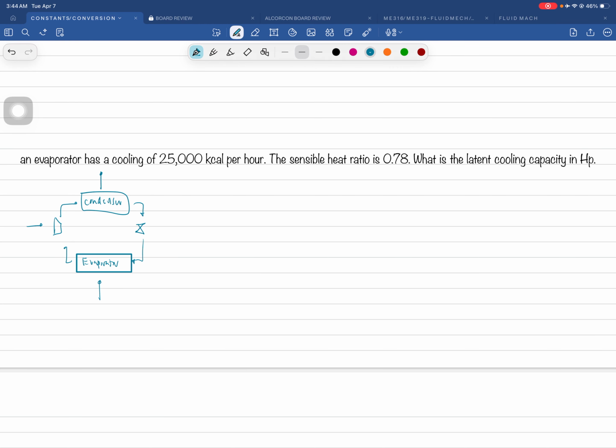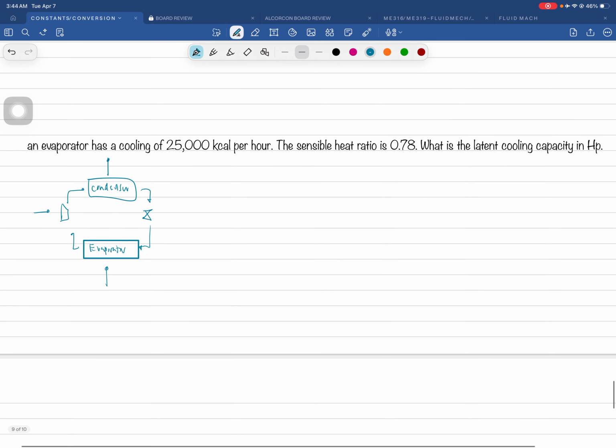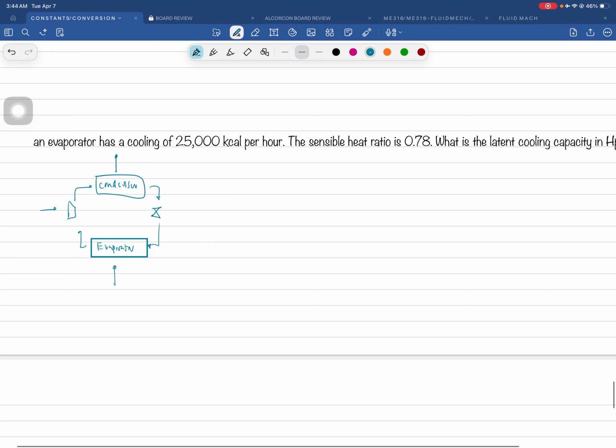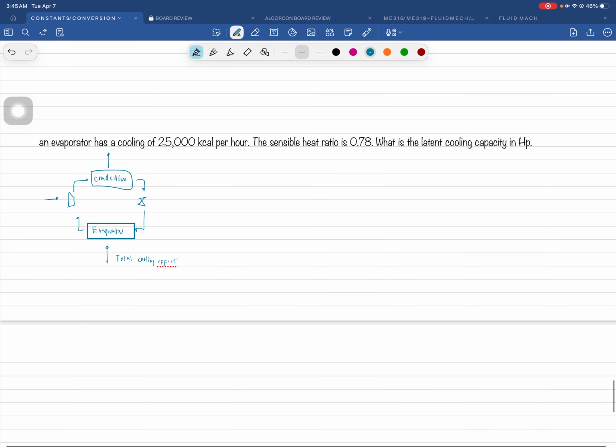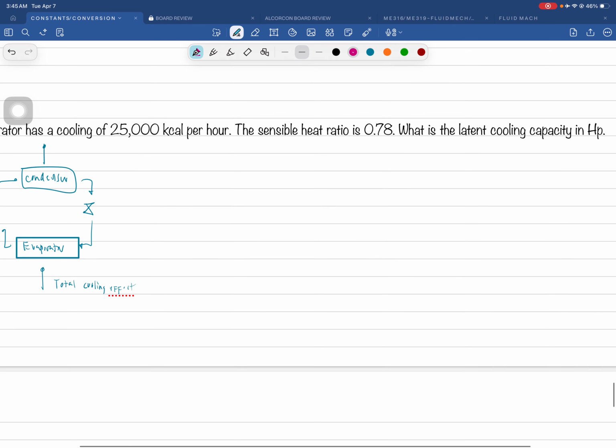It is accounting for the total refrigerating effect. What does that mean? So let me rephrase that in terms of the energy, no? So this refers to the total cooling effect. Now, what is the sensible heat ratio?